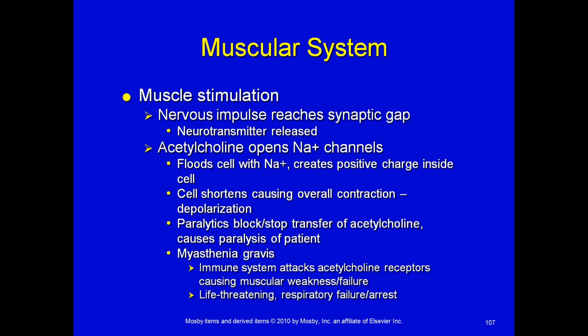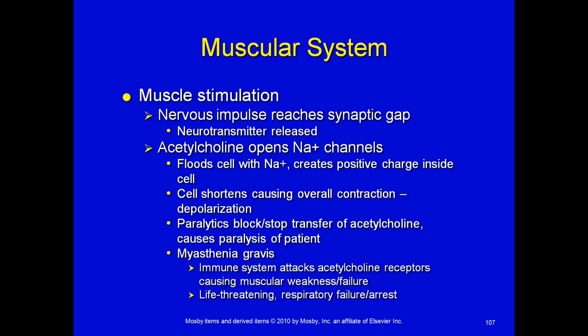Now, a nervous impulse causing muscle movement reaches the synaptic gap, and from that gap a neurotransmitter is released and helps move that impulse to the next part of the muscle. Now, one of the neurotransmitters in your body, acetylcholine, opens sodium channels.